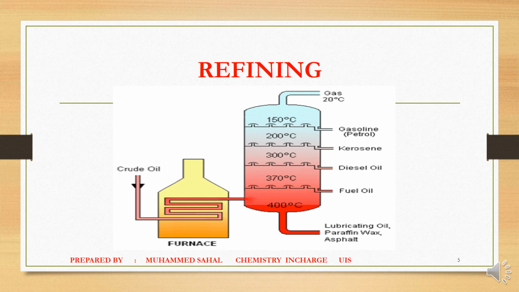Look at this diagram. The mixture of vapors passes into the fractionating column near the bottom. Each fraction is obtained by collecting hydrocarbon molecules which have a boiling point in a given range of temperature.